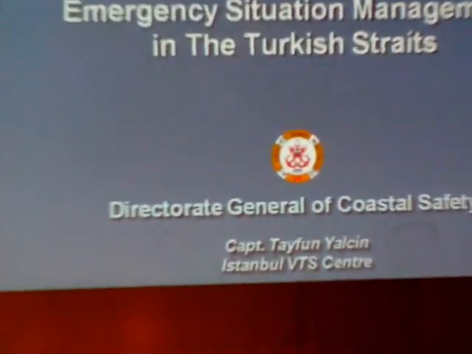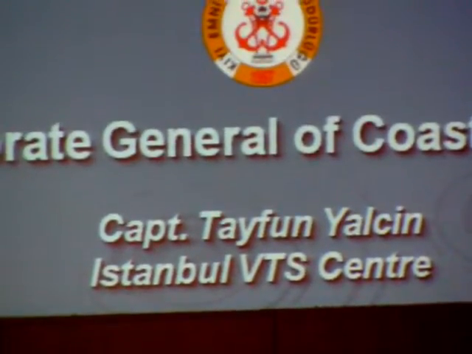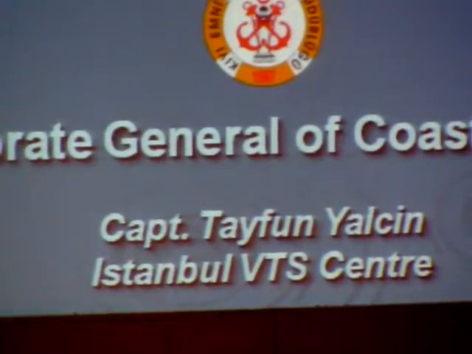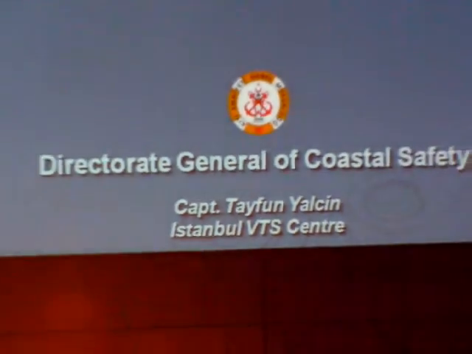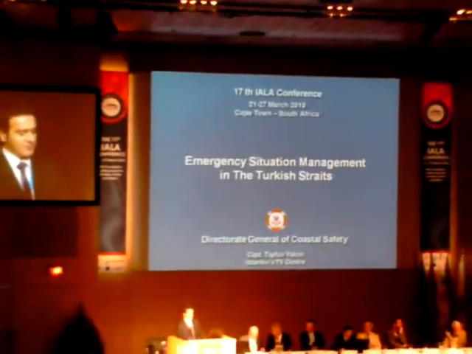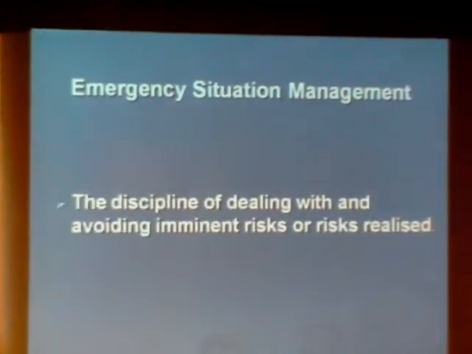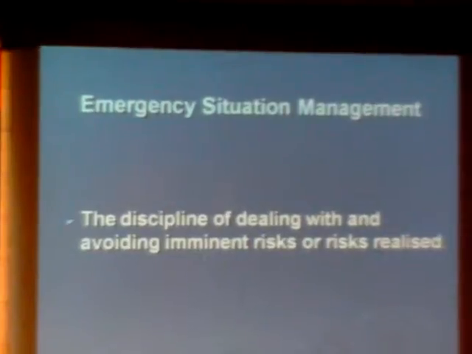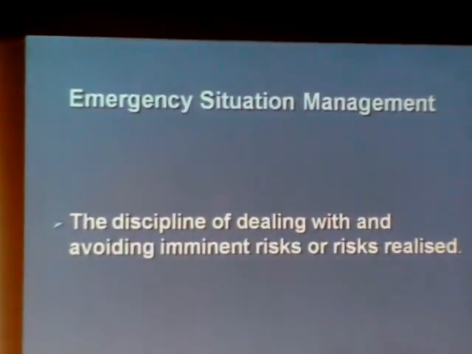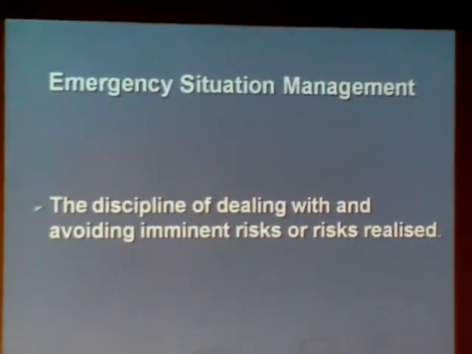Ladies and gentlemen, my presentation is about emergency situation management and its implementation in the Turkish Straits. First of all, I want to define emergency management. Emergency situation management is the discipline of dealing with and avoiding imminent risks or risk realized.